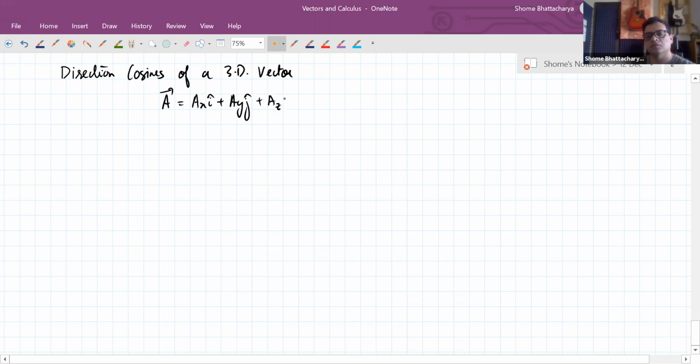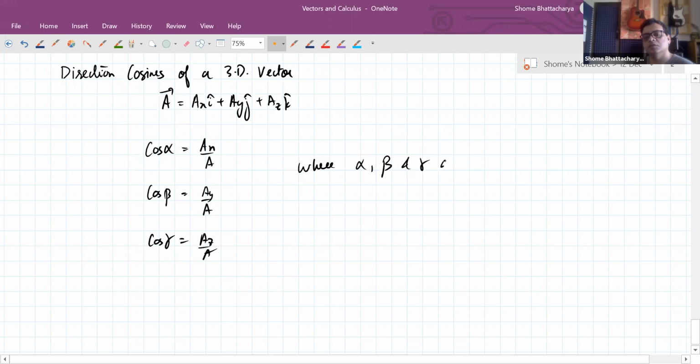So we have a vector with 3 components like this. We saw that cos alpha was given by this formula, cos beta by this, and cos gamma by this, where alpha, beta, and gamma are the angles made by the vector with respect to the positive x, y, and z axis respectively.